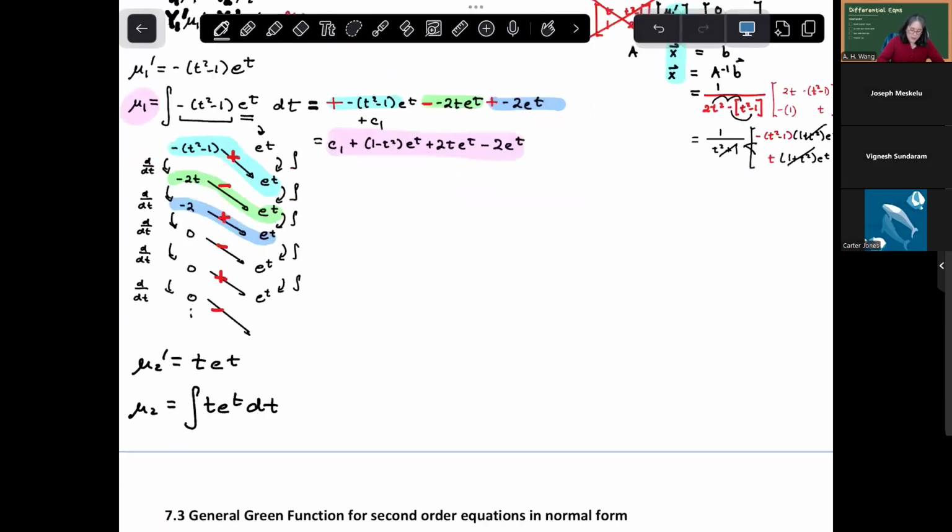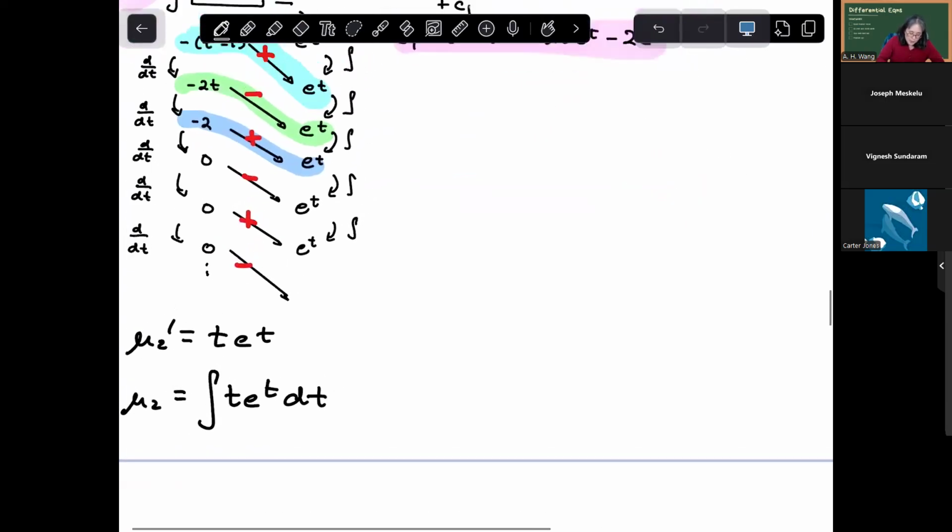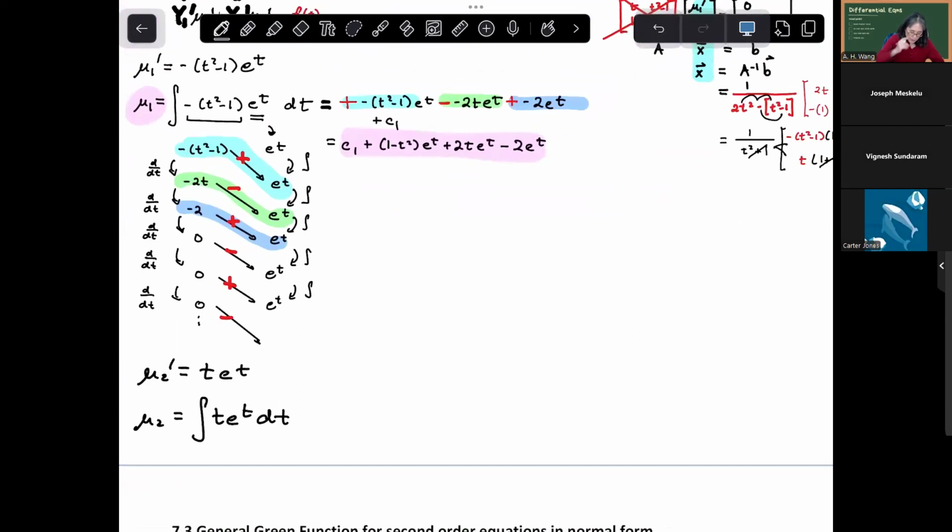Now this one is also integration by parts. It should be super easy because it's only once, but you can still use the chart method. Just put the t, because if you take the derivative of the t, it's a 1. Take the derivative, it's going to be 0, and 0 forever.